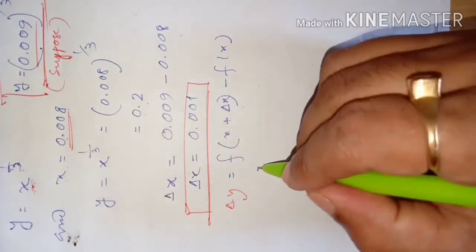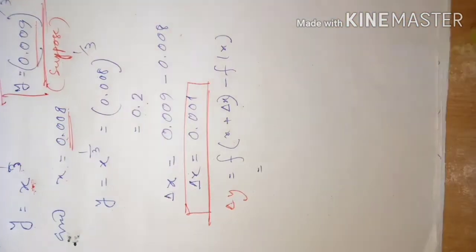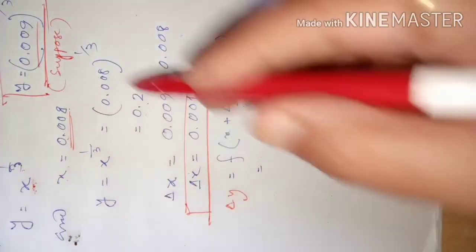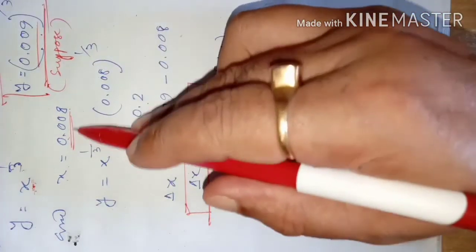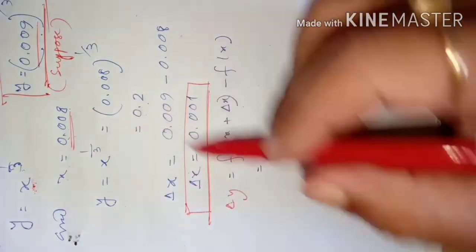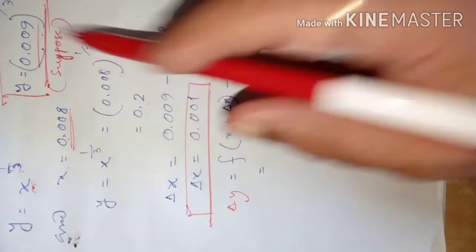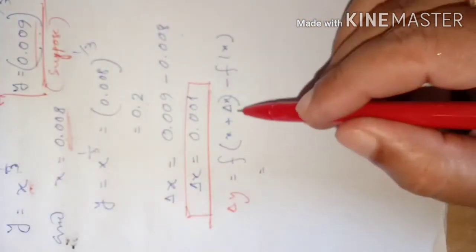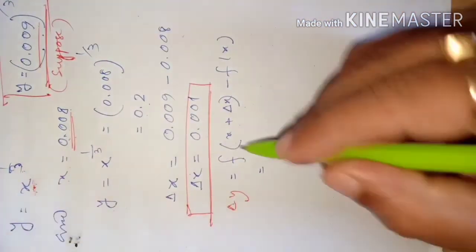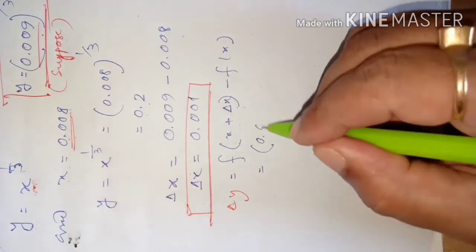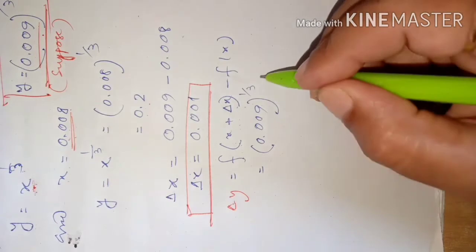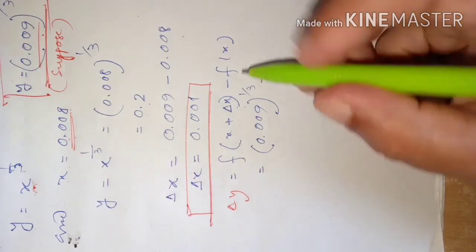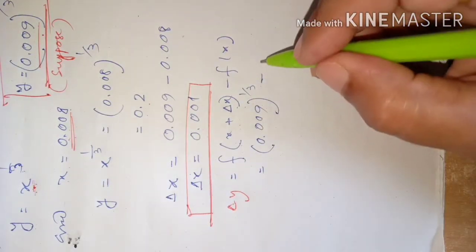So f of x plus delta x, where the increment is there, is nothing but 0.009 to the power of 1 by 3, minus f of x.